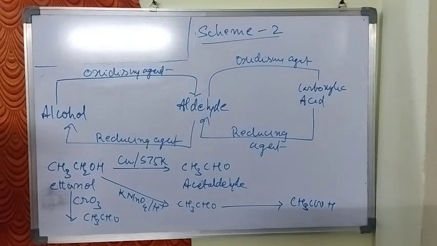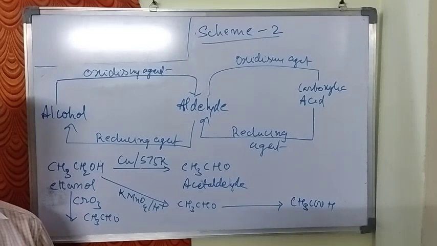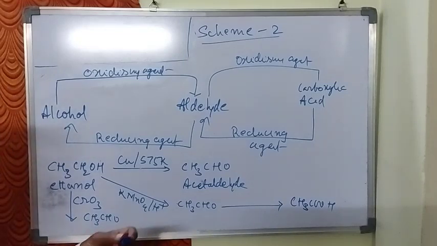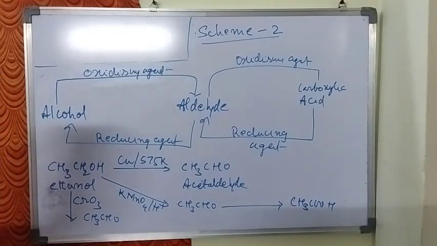So, acidified permanganate, dichromate, nitric acid, etc. they are very strong oxidizing agents. So, in the presence of strong oxidizing agents, alcohol converts into aldehyde. The reaction does not stop at the aldehyde stage, and it goes to next step, that is converts into acid. So, these are some examples of oxidation.